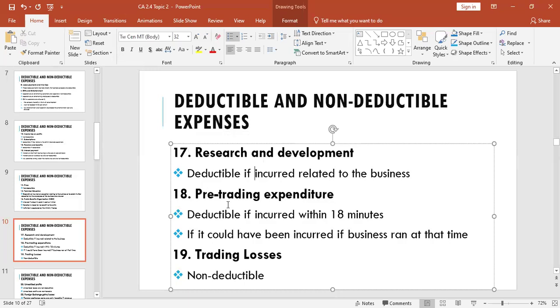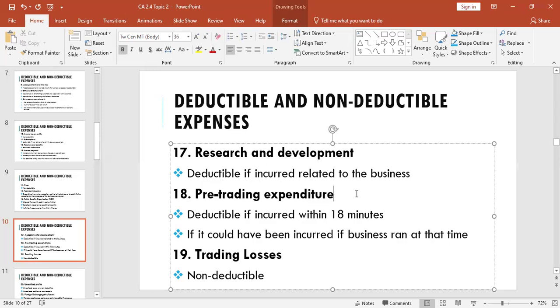Then pre-trading expenses or expenditure. So this is where we've registered our company, but we're just company promoters. We haven't really started trading. Maybe we prepare our head office just to make sure it's looking up to par.